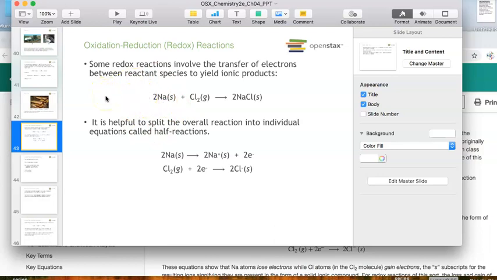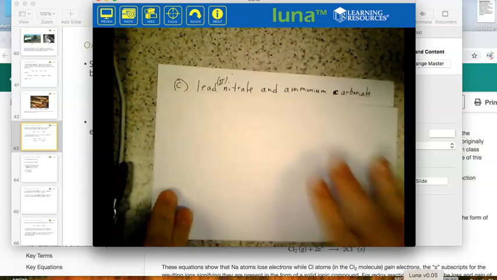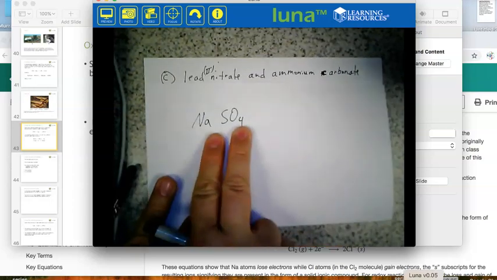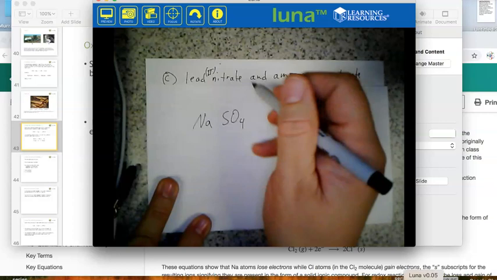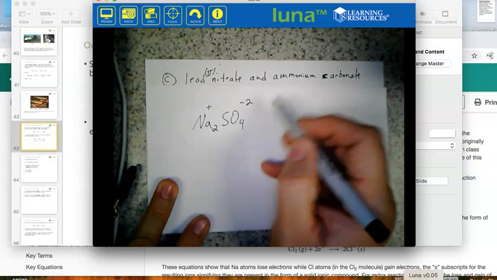Now, the good news is that you should have an idea about oxidation numbers, because we've already used them when we were trying to write chemical formulas given the name of a species. So, for example, let's say we had sodium sulfate, where you're having to balance the charges out. Sodium's +1, sulfate's -2, so you put a 2 there, and now you have sodium sulfate and it's balanced.